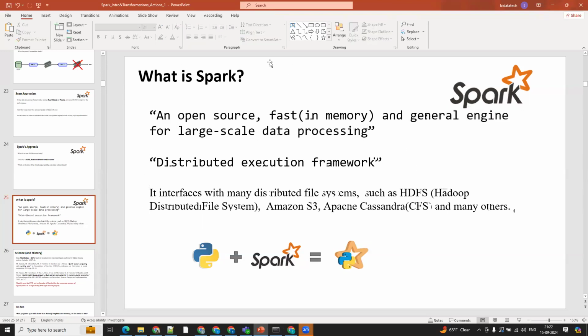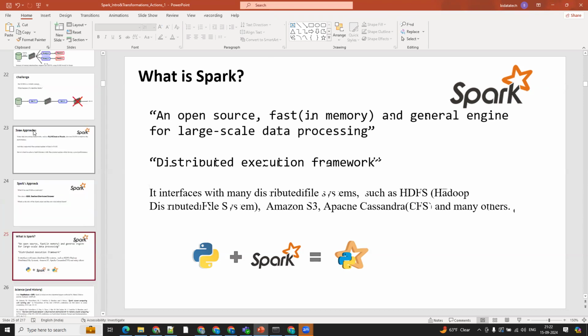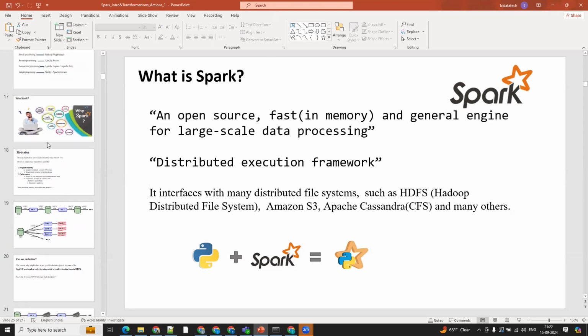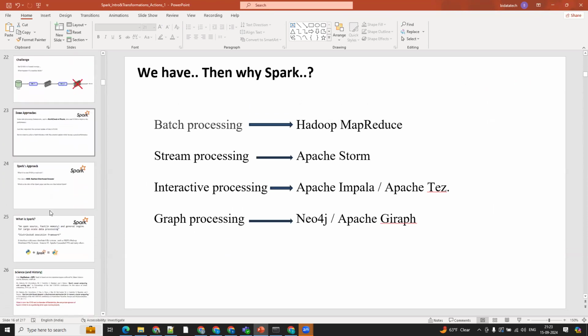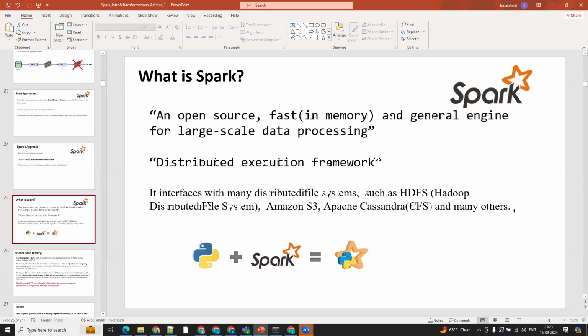See, in Hadoop, we used to do all these operations, right? For batch processing we used to use Hadoop, and for stream processing, even for machine learning algorithms, we used to use Hadoop. Now you can use all those things in Spark.